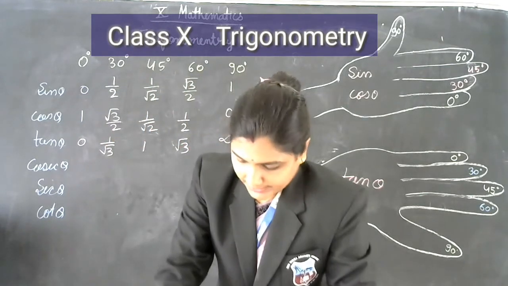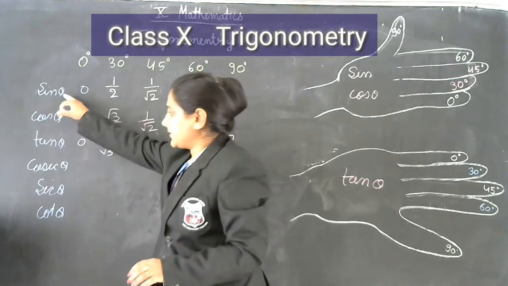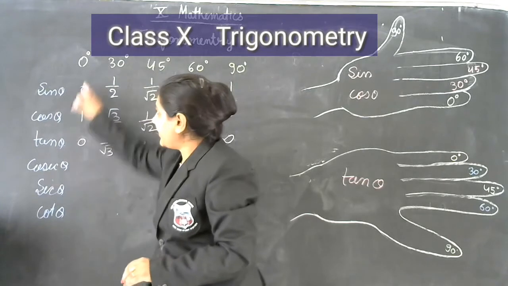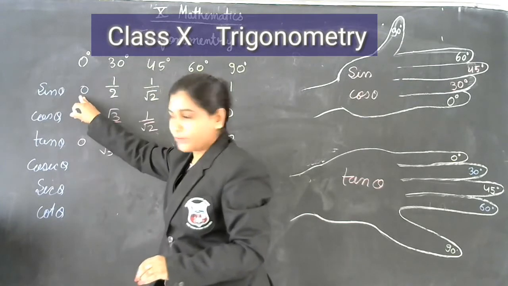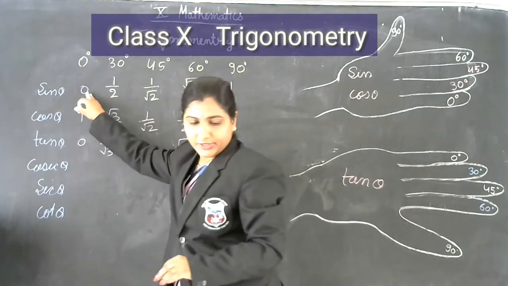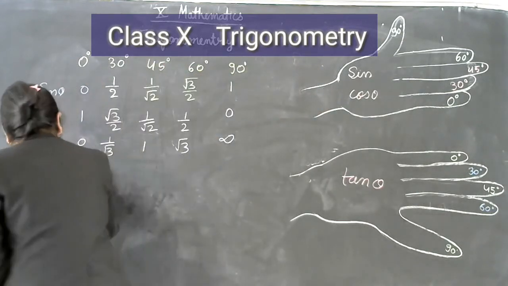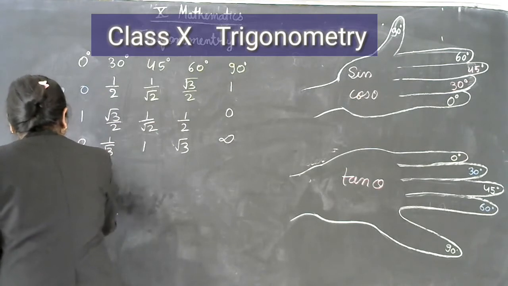How? See, we know that cosec is the reciprocal of sin. So the value of cosec 0 is the reciprocal of the value of sin 0. Reciprocal of sin 0 is not defined, meaning infinite.